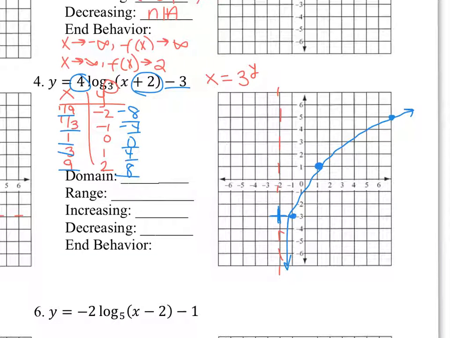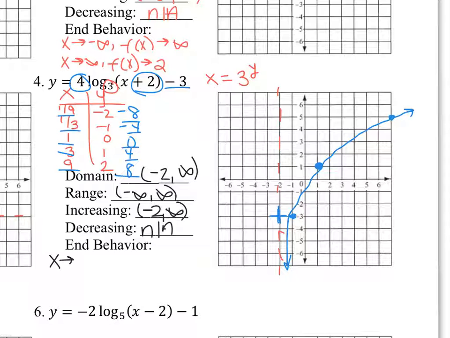Now if I talk about the domain, it is restricted and starts at negative 2 to infinity. My range is negative infinity to infinity. It's increasing from negative 2 to infinity, which means it's not decreasing. Remember, when I have logarithmic functions and I'm talking about end behavior, x cannot approach negative infinity.